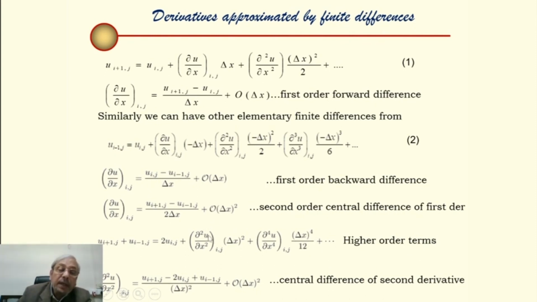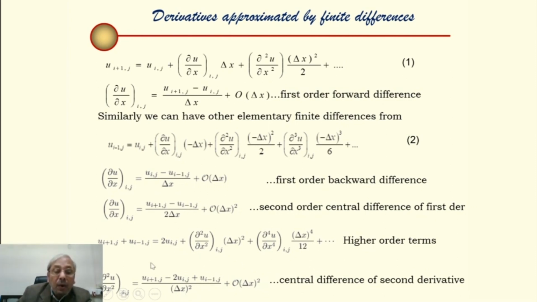From here del 2u/del x2 we can write as u(i+1,j) minus twice u_ij plus u(i-1,j) by delta x square, and remaining higher order terms, where the highest term of the truncated series is of the order of delta x square.